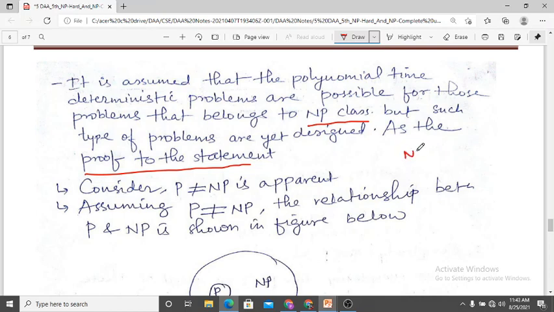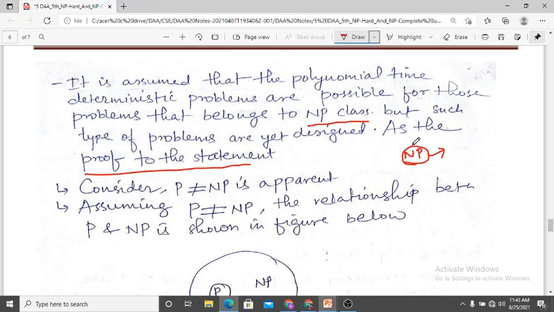Research is still going on in non-deterministic polynomial, to find the best solution and how to reduce the time, so that we should not use the non-deterministic algorithm.